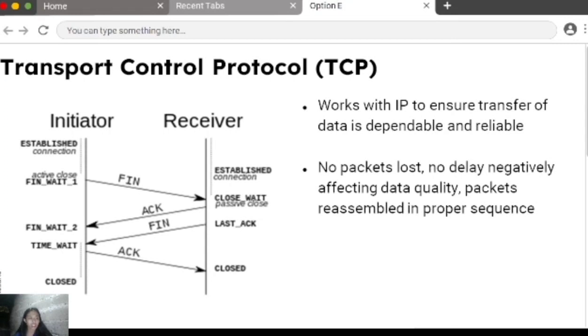So this also sets standards that define how to establish and maintain a network conversation by which applications can exchange data. TCP and IP are foundational protocols, and there are also encryption and alternatives to the protocols listed above for different types of content.